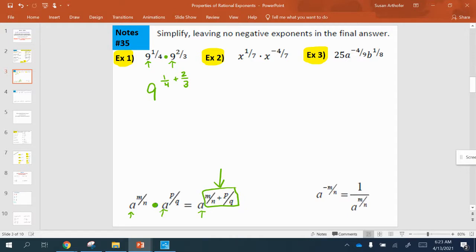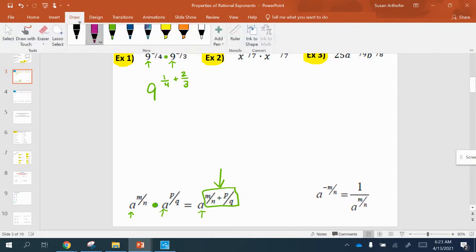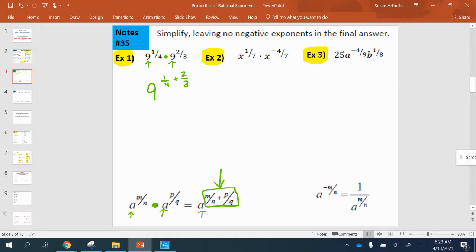So now we actually have to do that math. We need to make sure that we have common denominators in order to add fractions. So off to the side, 1/4 needs to change to a fraction over 12. 4 times 3 is 12, so I multiply the top by 3.